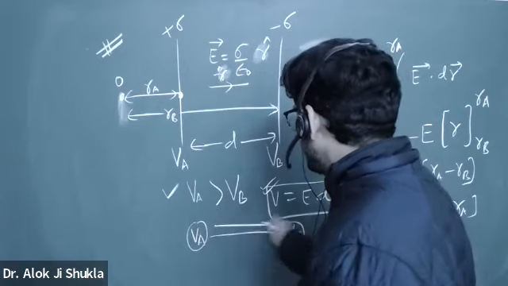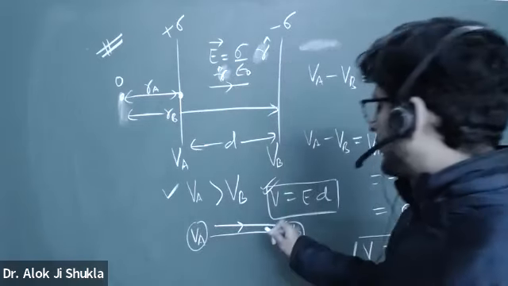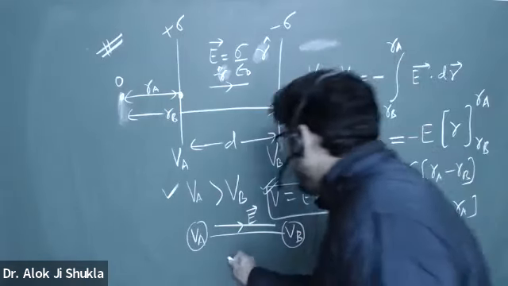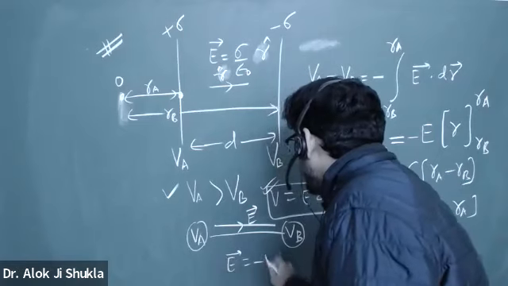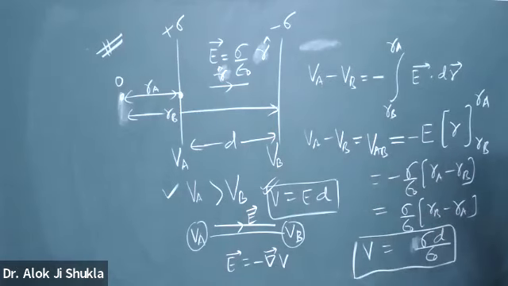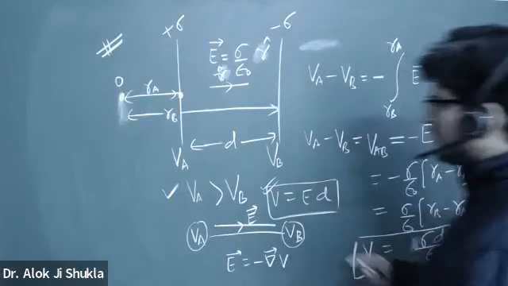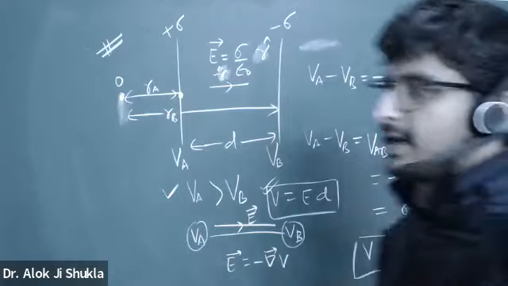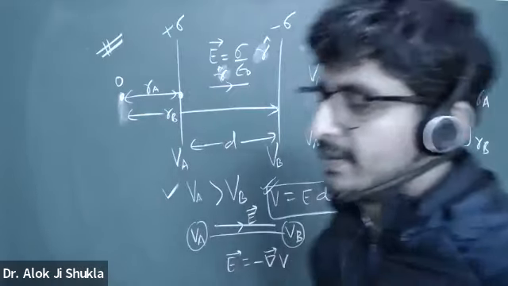So field will be from the higher potential towards lower potential. क्योंकि field is minus of gradient of V, and gradient of V is in the direction where the potential is increasing most, and minus sign will reverse that direction. तो फील्ड विल बी इन द डायरेक्शन फ्रॉम हायर पोटेंशियल टुवर्ड्स द लोअर पोटेंशियल. जिस तरफ पोटेंशियल सबसे तेजी से घट रहा है वो फील्ड की डायरेक्शन होगी.